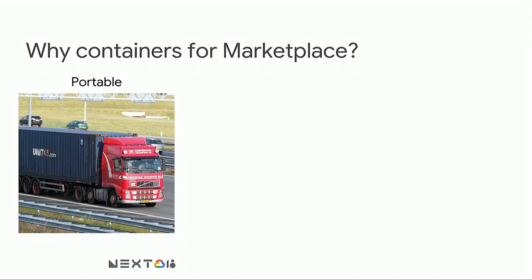So that's also portable. So if you think about that for a moment, that means if you find one of these solutions in the marketplace, you can deploy it onto Google Cloud, but you can also take those exact same assets and deploy it onto Kubernetes, wherever Kubernetes is running.